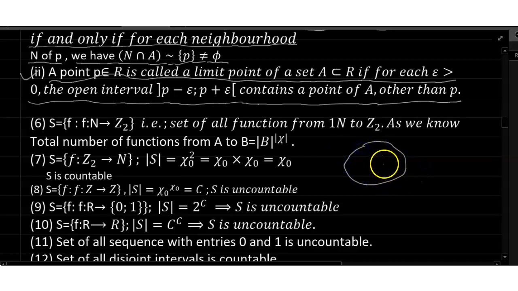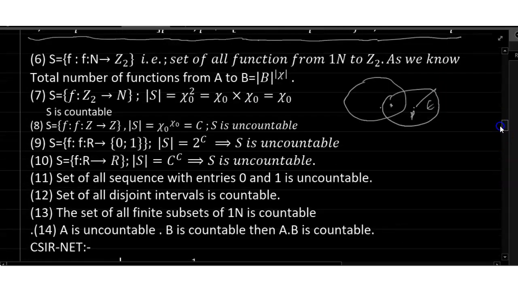This is the A point, and this point is P, plus epsilon and P minus epsilon. Okay, so we can say this is the epsilon radius. So at least one point in here, not P. So this point is a limit point.